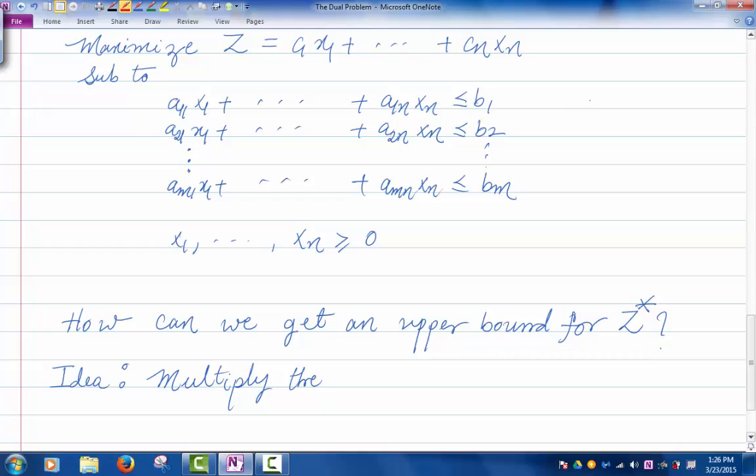Let me use numbering here. Okay, so let me call this constraint number 1, 2, and then this is the mth one, right?